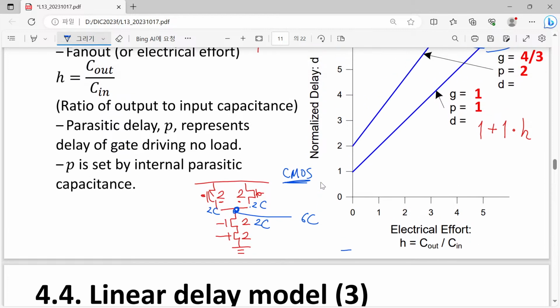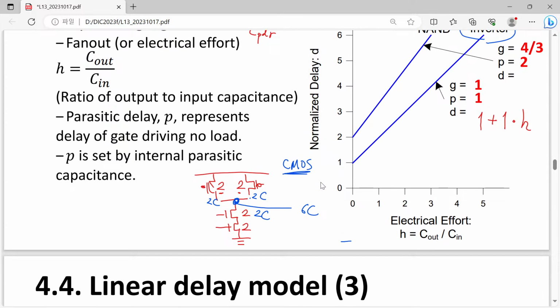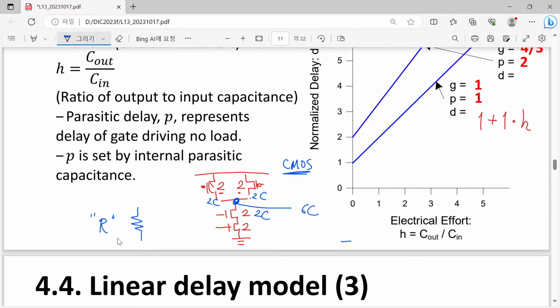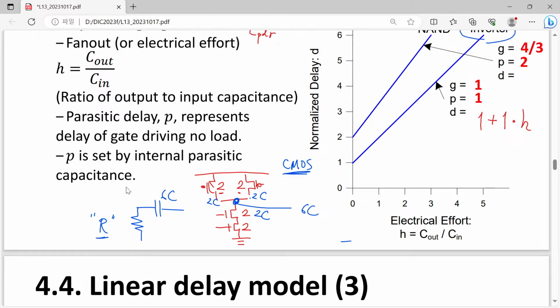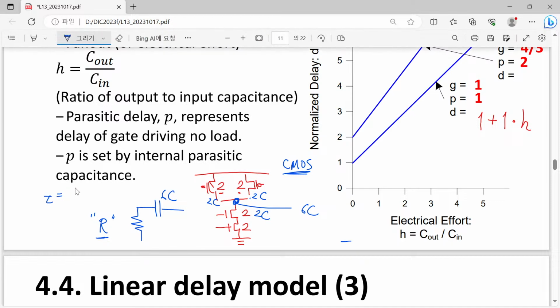Okay. In this case we have already made some consideration to match our resistance, even in its worst case, to R. So we will have the configuration where 6C is driven by a resistance of R. Then the tau will be 6 times RC.